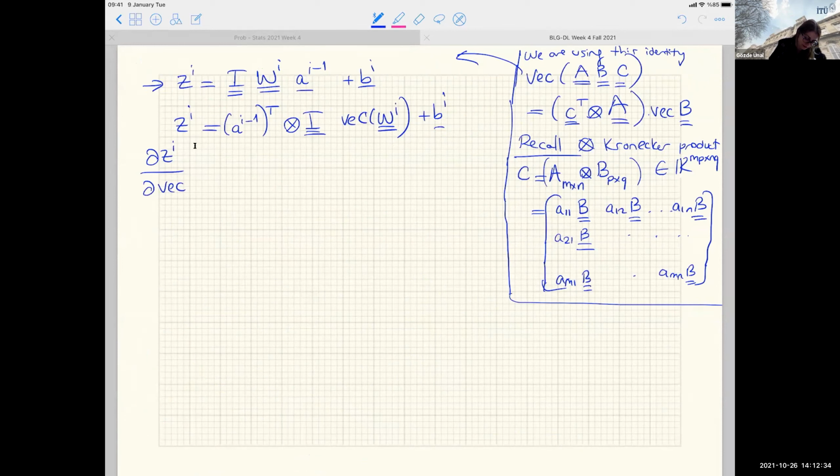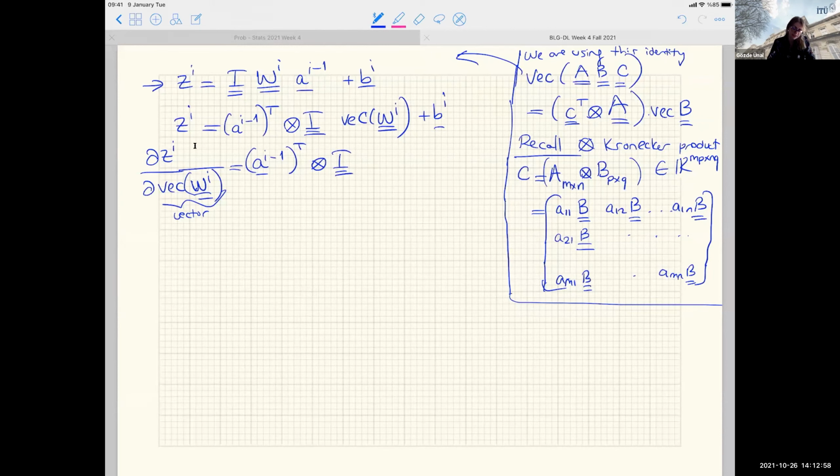This is nice. Now this is a vector, so I can take a vector derivative, and it's nicely seen here to be exactly this guy, which is nice in terms of the activation, just combined with the Kronecker product with the identity.